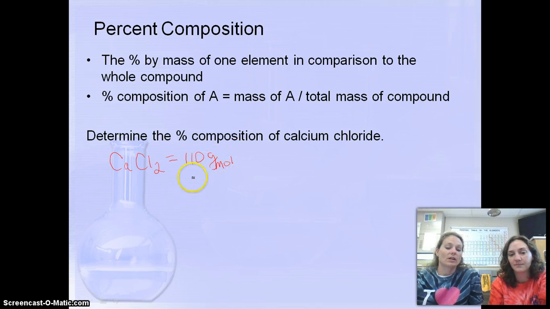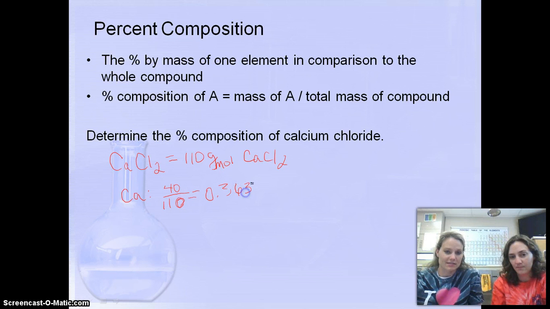So what we're going to do now is see how much calcium is in that 110 and how much chlorine is in that 110. Calcium, since there's only one of them, we go off our periodic table and find the calcium's molar mass is 40. We divide that by the total, so that's our piece divided by the total. 40 divided by 110 equals 0.3636.